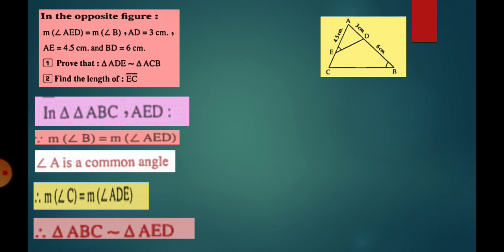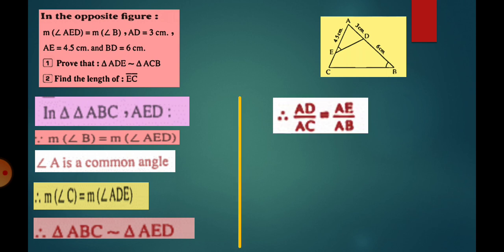Now write the corresponding sides. Corresponding sides are proportional. Then AB over AE equals, we start from the smaller triangle, AD over AC equals AE over AB equals ED over BC.